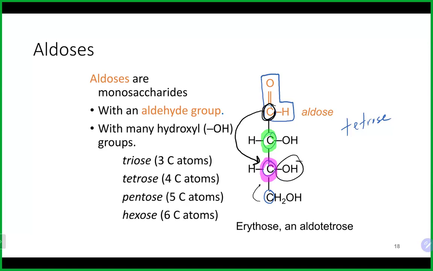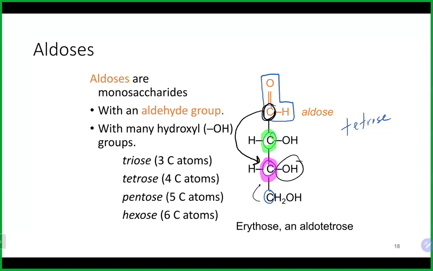Would it be both, like a D and an L, with the OH on top, on the left? No, so if your question is whether the green guy there was on the left and that one was on the right, would it be both? No, because where you assign L and D is always the very last chiral carbon from that carbon-oxygen double bond.